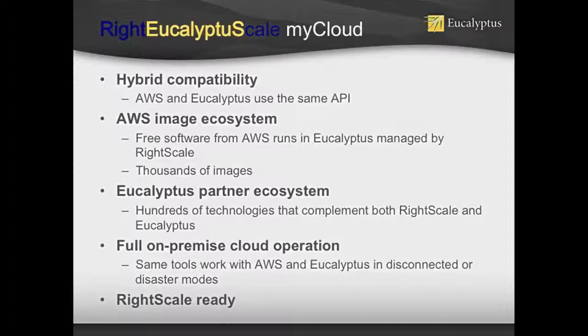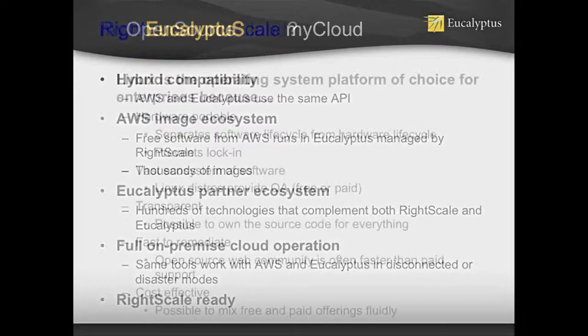RightScale sees the same API when it talks to us and AWS. Image ecosystem is huge, free software, runs in RightScale with Eucalyptus, lots and lots of choices, huge partner ecosystem, and it runs standalone so that you won't be left with a bad network connection wiping out your system. And we're very, very happy that it works with RightScale.